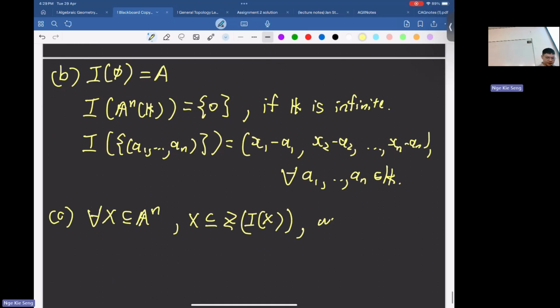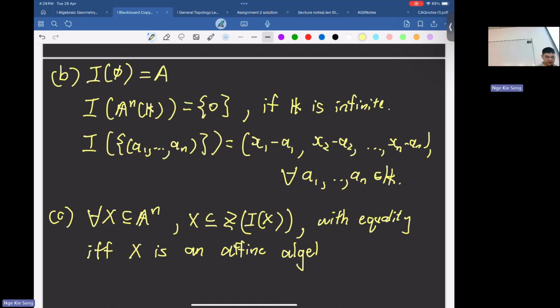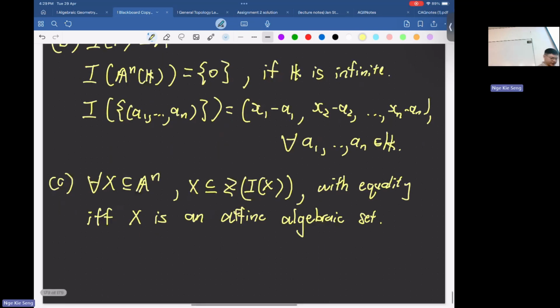And when does equality hold? It will hold if and only if x is an affine algebraic set, meaning you started with an algebraic set here. Similarly, based on this, we can play a different direction of game. You start with polynomials.